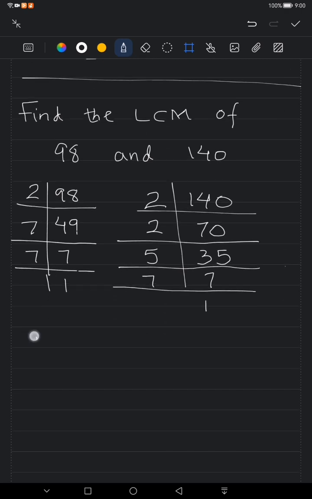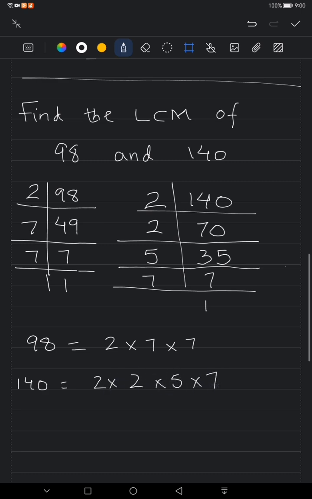Now let's write them as the product of prime factors. 98 is equal to 2 into 7 into 7, and 140 is equal to 2 into 2 into 5 into 7. Let's circle the common factors. There is one pair of 2 and one pair of 7.